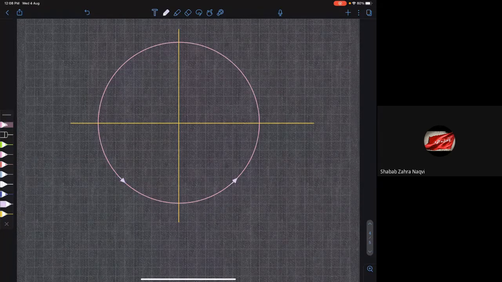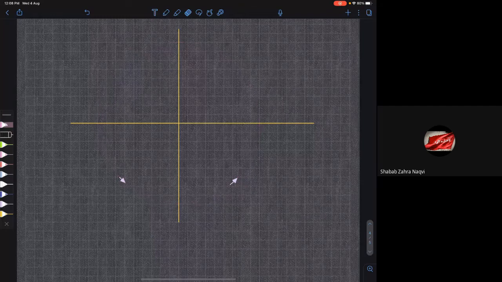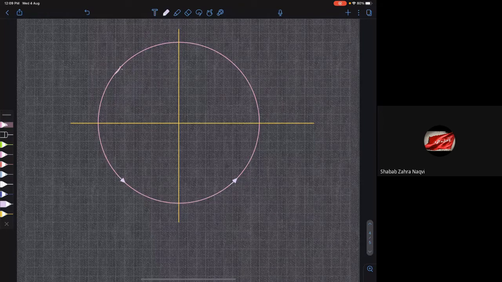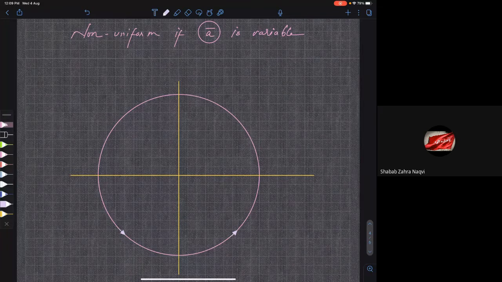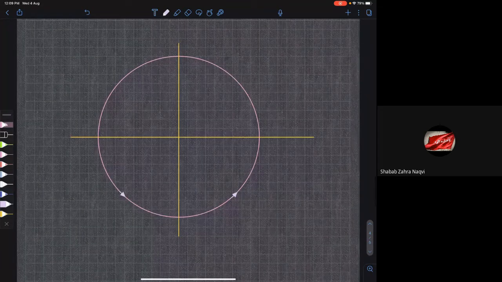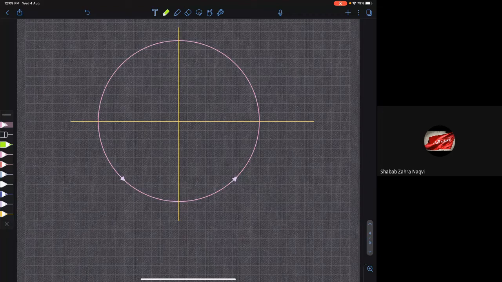Let the radius of this circle be r. The radius is r.